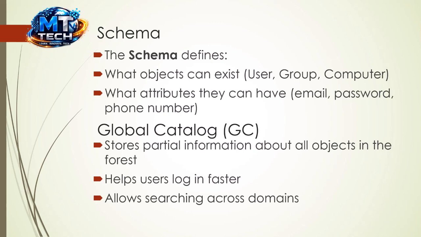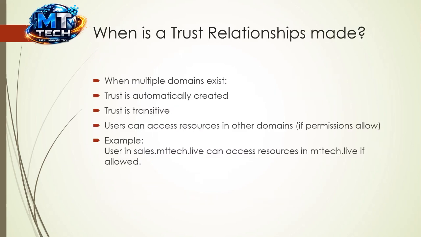Example: users in the sales department can access resources in emptytech.live if the root domain, emptytech.live, gives permission for sales.emptytech.live to have such information. As I have here, this is when a trust relationship is made.